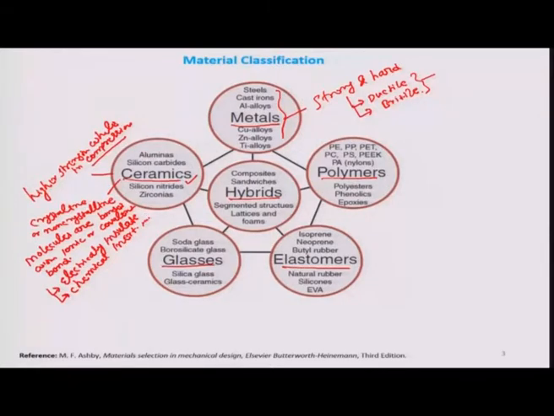Polymers are made of many repeating mers to form a very large molecule, and the molecules are bonded with covalent bonding.